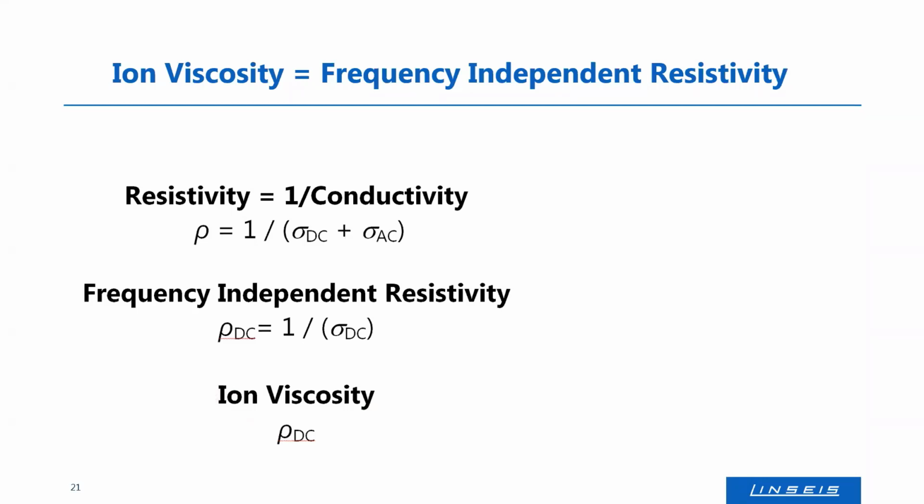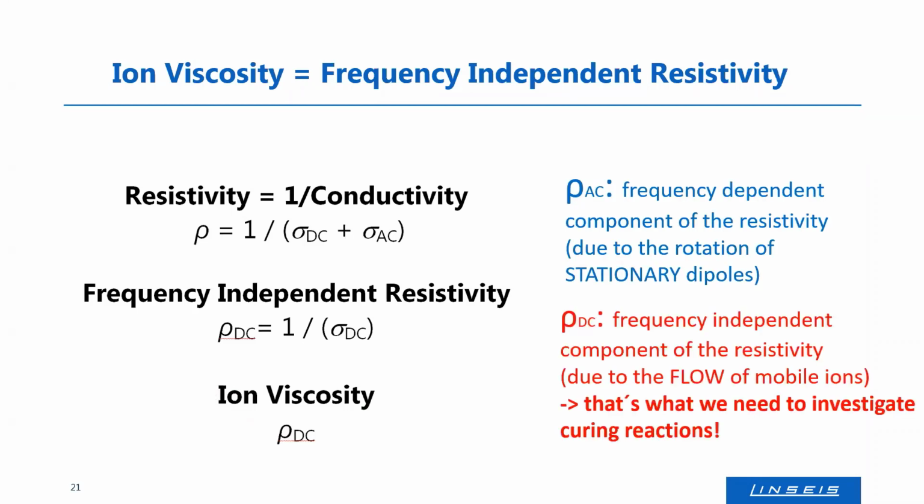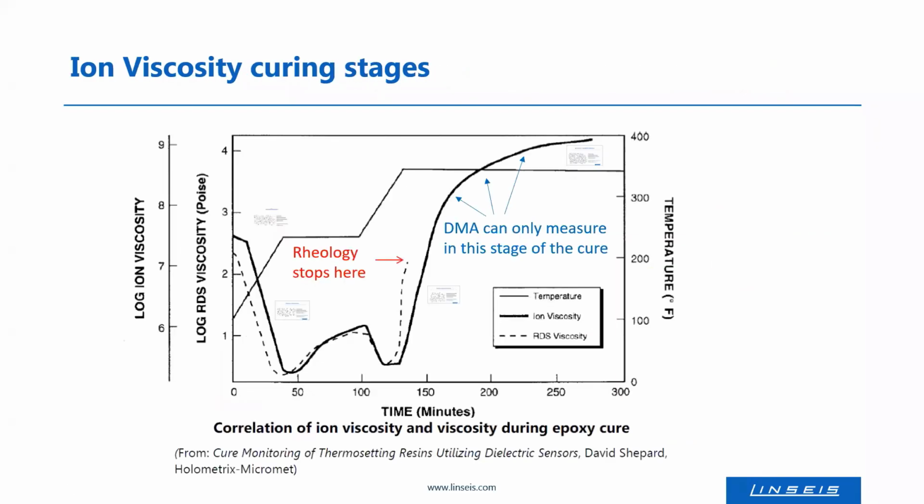And this is very important to understand. The frequency-independent component of the resistivity shows you the stages of your cure. In the next slide, we see a typical measurement with a dielectrical analyzer.